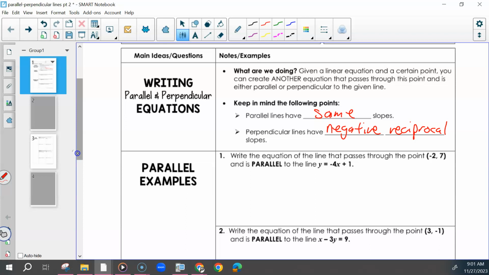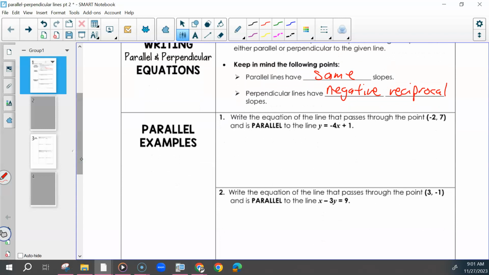And we're going to do these 4 examples, and then some of the ones on the back I'm going to show you in Desmos if you want to do any specifically. So this gets progressively harder as we go down. This is probably the easiest example. You're given an equation that has to go through this point and is parallel to this line.